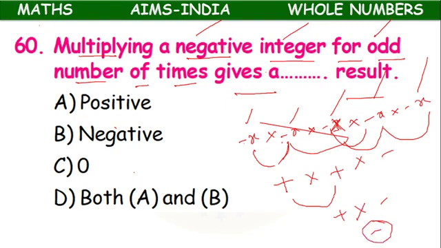So ultimately we will get a negative integer. Whenever we multiply a negative integer an odd number of times, we get a negative integer as the result. If you multiply an even number of times, then we will get a positive integer. So option B is the right answer.